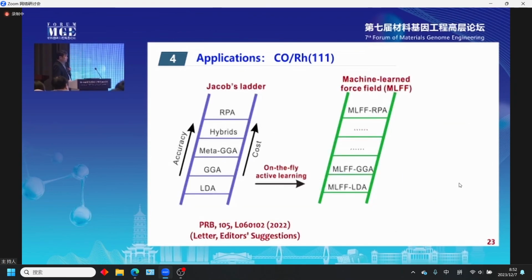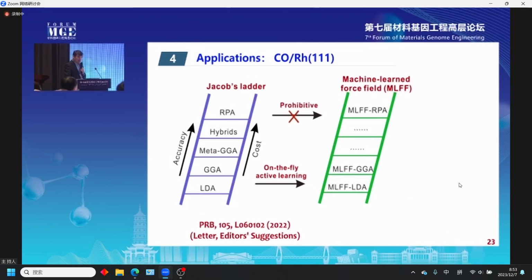According to our method, the first thing is we try to fit this kind of machine learning model. First we use on-the-fly active learning with normal low-cost methods such as standard GGA and RPA.